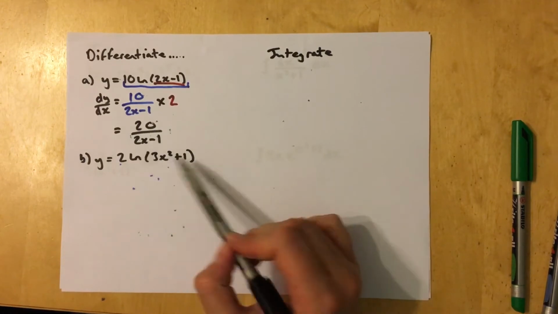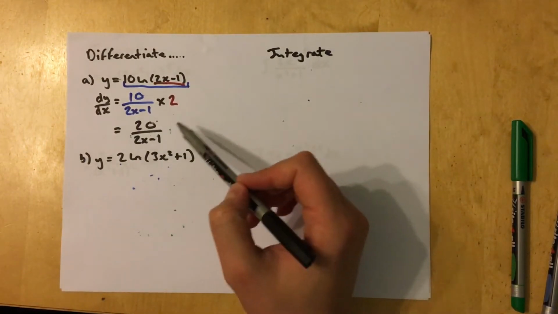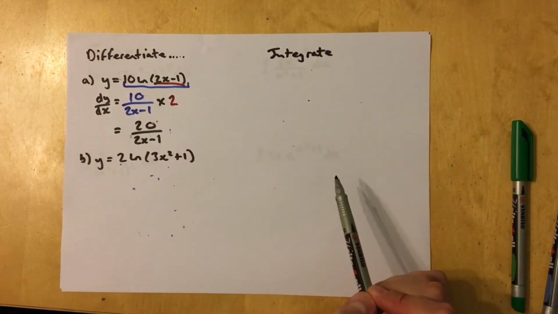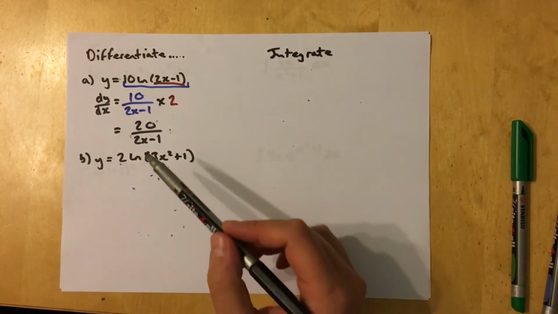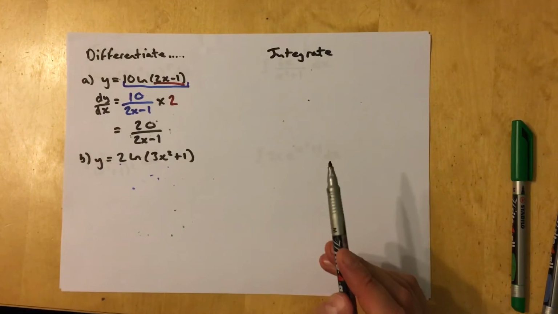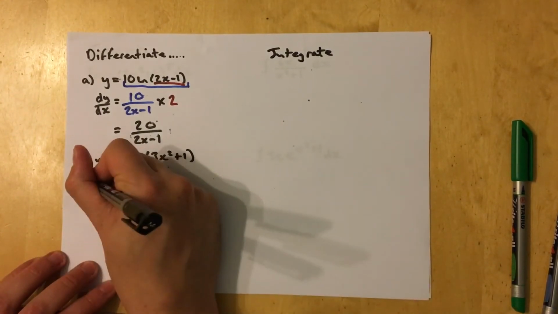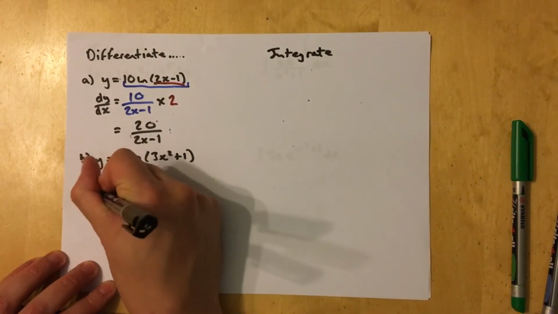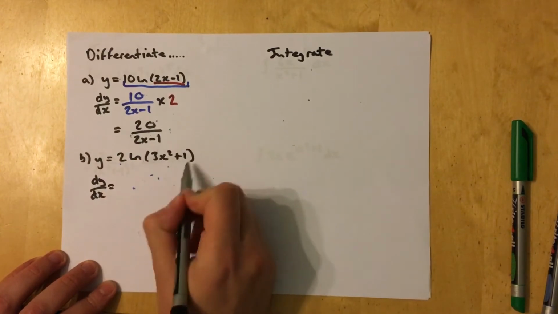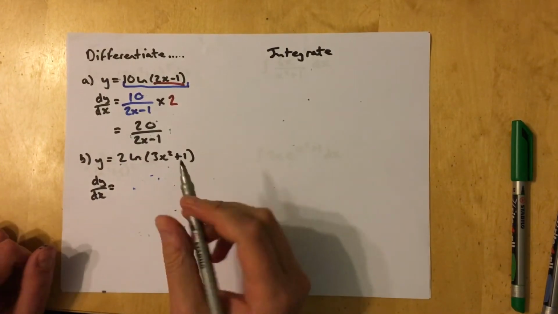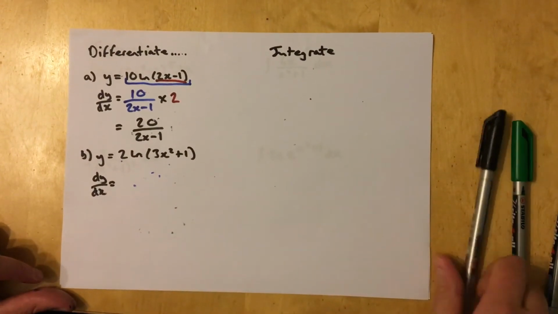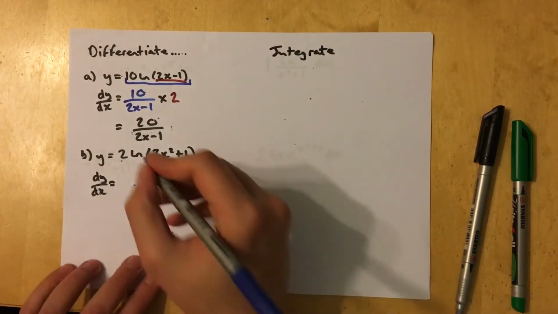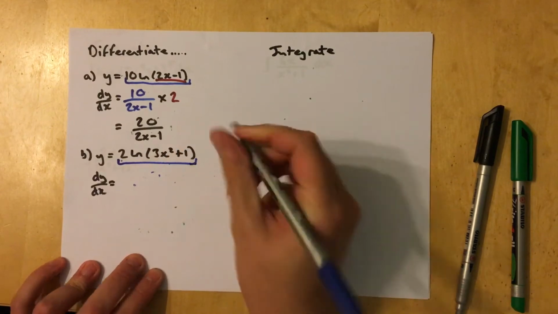So let's have a look at the next one and see if we can spot what kind of form we're looking for when we're trying to reverse this process, or to spot that we need to reverse this process, if you like. So if we have a look at the next one, dy/dx, again, I've got a function within a function. I've got this polynomial within my log function, so I know I'm using the chain rule to differentiate here. My outer function is just 2 lots of log of something or other.